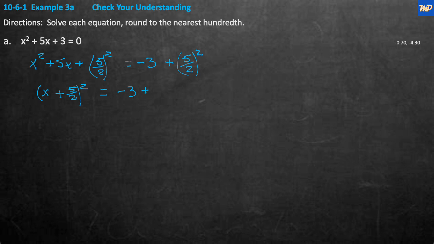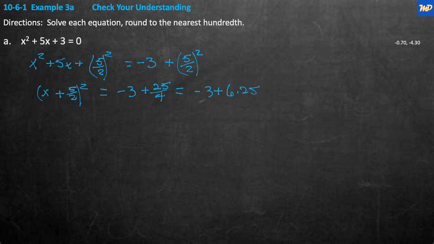It's plus 25 fourths. And I'm going to convert that, so I'm going to say is equal to, carrying on here, minus 3 plus 25 fourths ends up being 6.25.